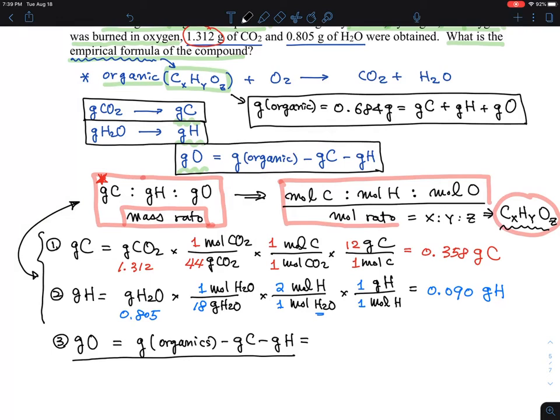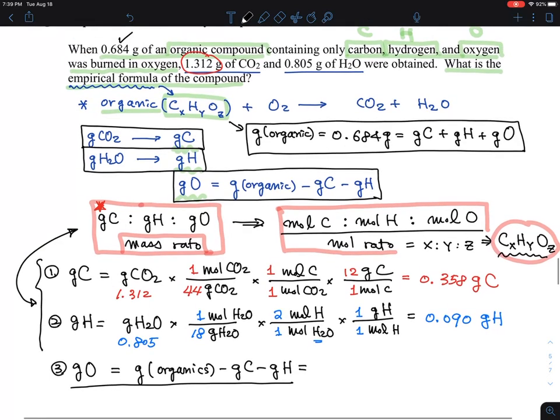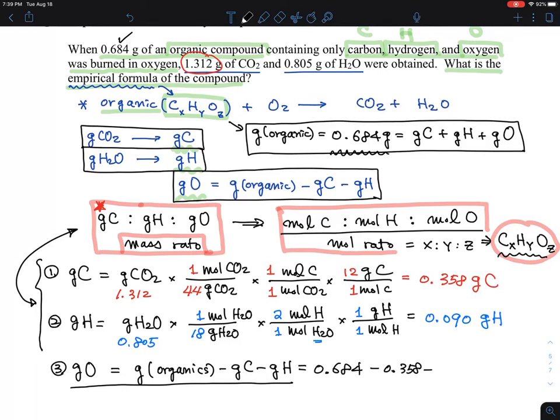And by doing so, what was the total mass? That's shown up there: 0.684. So this is our total organic mass, and minus 0.358 minus 0.090, and that will lead you to 0.236 grams of oxygen.